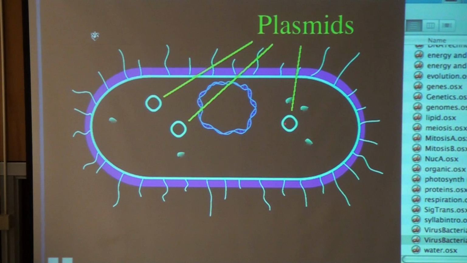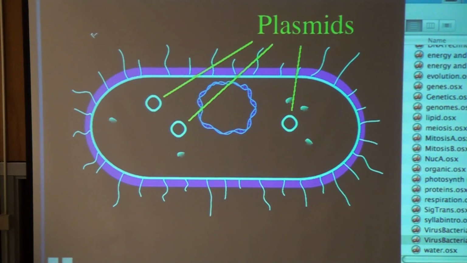But genes for things like antibiotic resistance, which is not normally needed by the bacteria to survive because most bacteria are not being exposed to antibiotics at any given time. Anyway, those bacterial resistance genes, for example, might be the ones found on plasmids. I always think of those as bonus genes that might help the bacteria but aren't necessarily needed for it to survive under normal conditions.